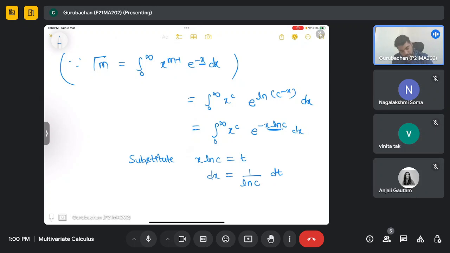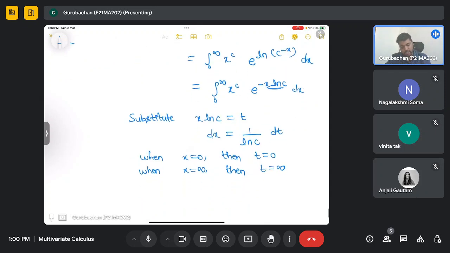Okay, when this x is 0, then t is 0. And when x is infinity, then t is infinity. I'm doing this because we have to take care of limits also. So our integral was 0 to infinity x to the power c divided by c to the power x dx.